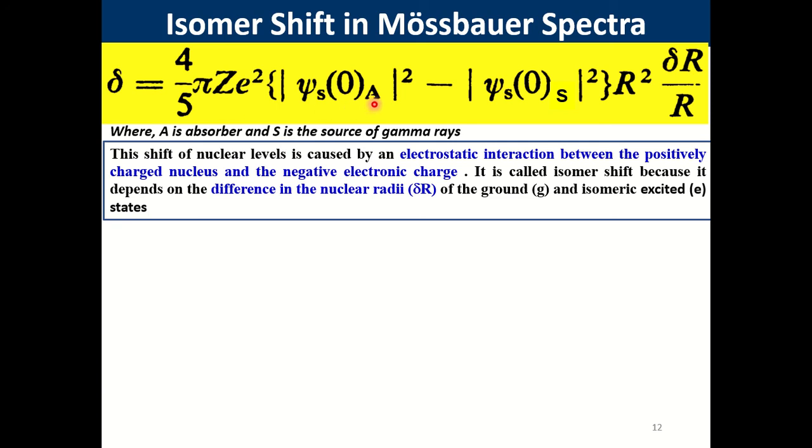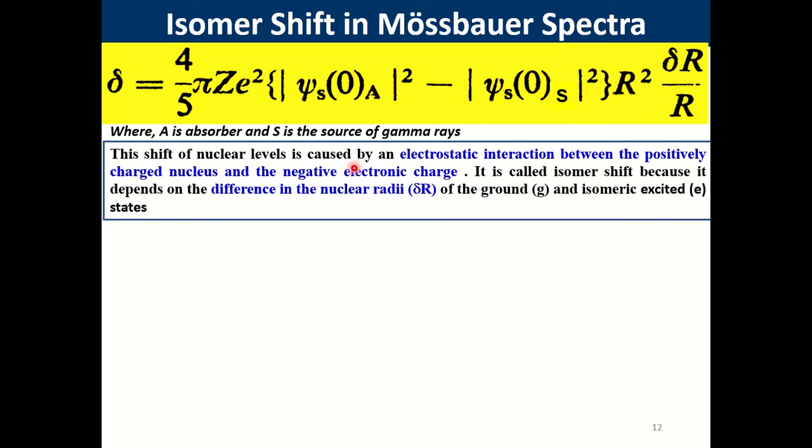And this term that you are seeing over here, psi squared, is the electronic wave function of the s electrons at a distance. So we are only considering the radial part of the electronic wave function. When r is equal to 0, the radius is 0, that is what the 0 symbolizes over here. And this A is meant for the absorbing species. Similarly, this is the electron density at the nucleus at r equal to 0 in case of the source nucleus.